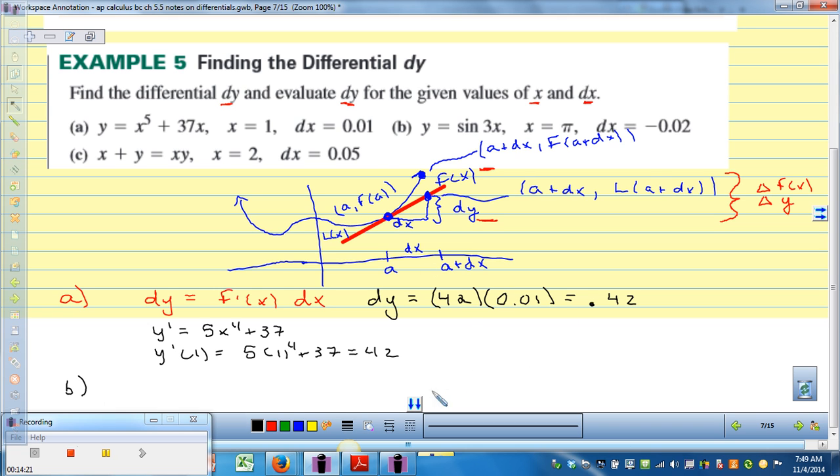So let's look at example B. y equals sine of 3x, x equals pi, and dx equals negative 0.02. Find dy for me, please.